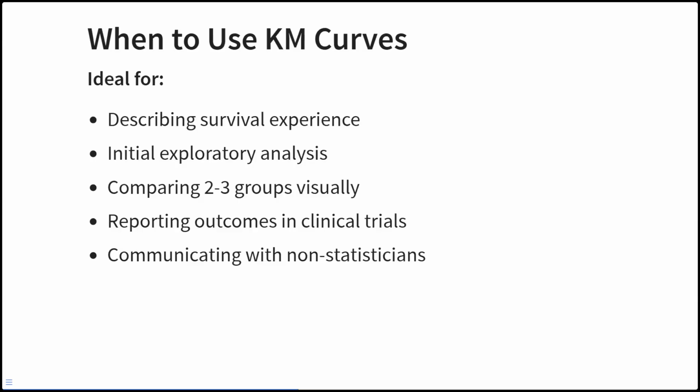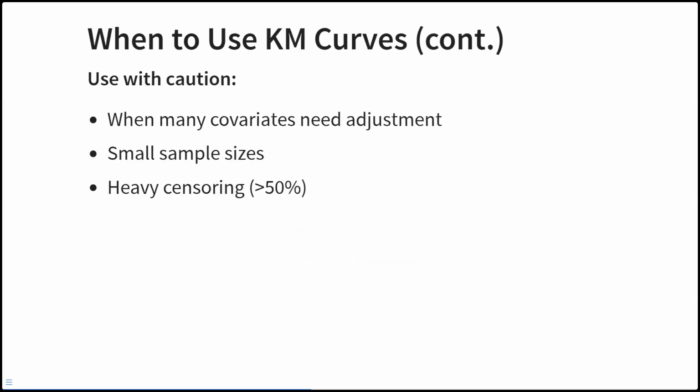From the graph, they can know that this particular group has a higher survival probability compared to other groups. You should use it with caution when you have many covariates, a small sample size, or your data is heavily censored.